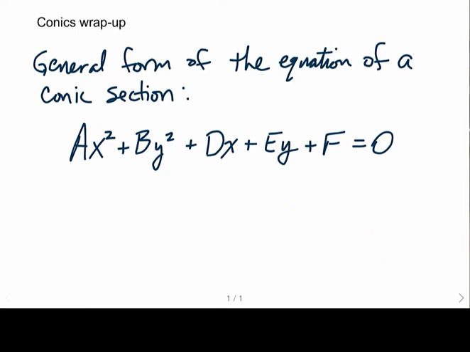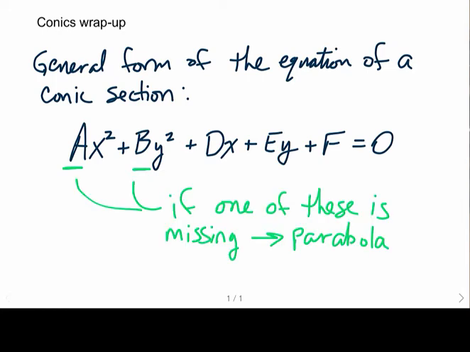Where we are going to go is how to use this form to recognize what we're looking at. Check it out. If either a or b is 0, in which case you have only, say, an x squared term or only a y squared term, then what you have is a parabola. So if either x squared or y squared is missing, then you have a parabola, provided you have the other, y squared or x squared respectively.